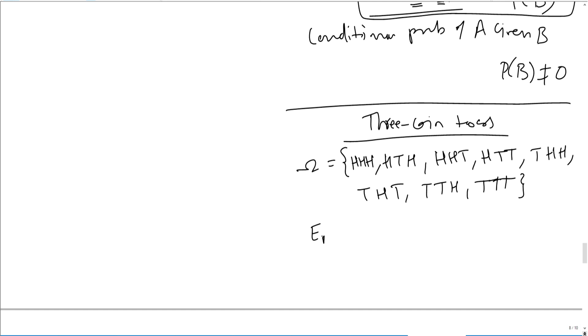Let us call it event A. Event A is that we obtain exactly 2 heads.